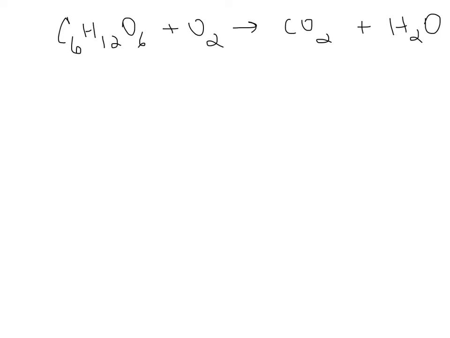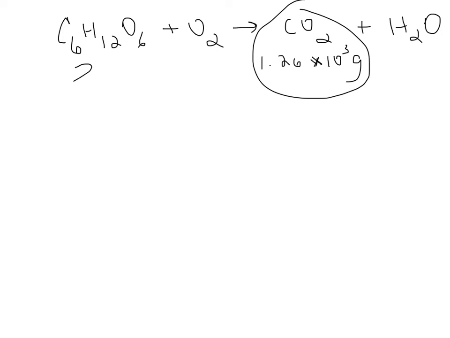So first, hopefully you know what to do first. First you're going to balance it, and then I'm going to tell you, you have 1.26 times 10 to the third grams of CO2 that you're producing.